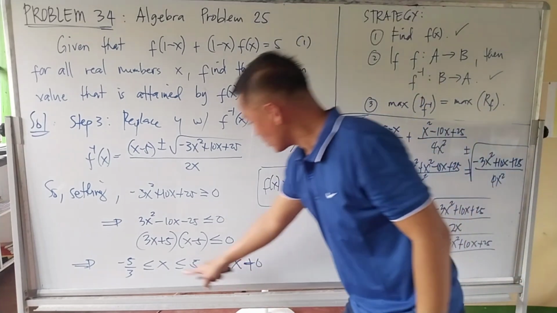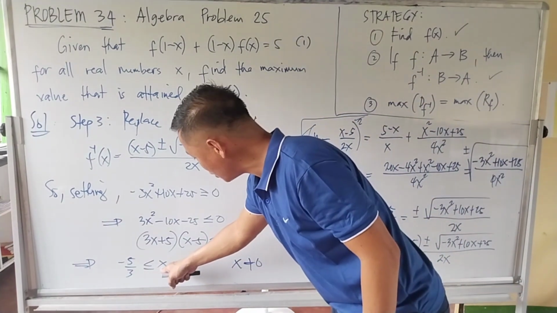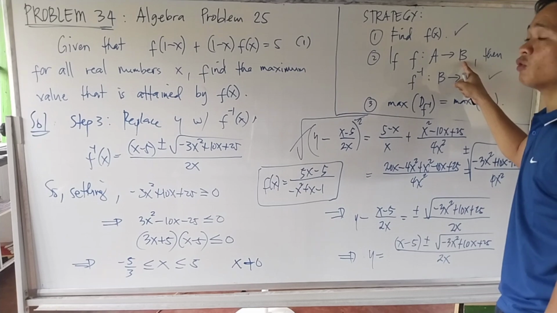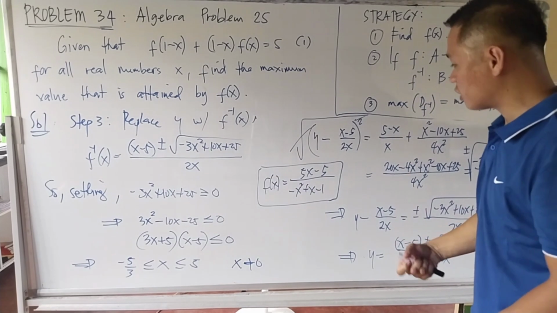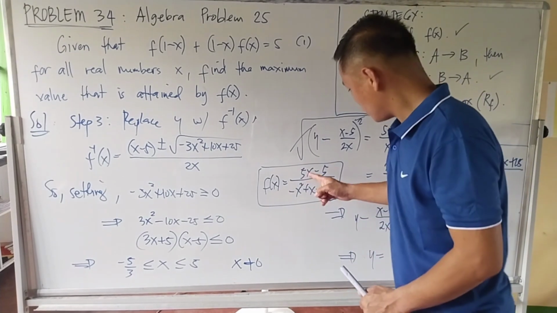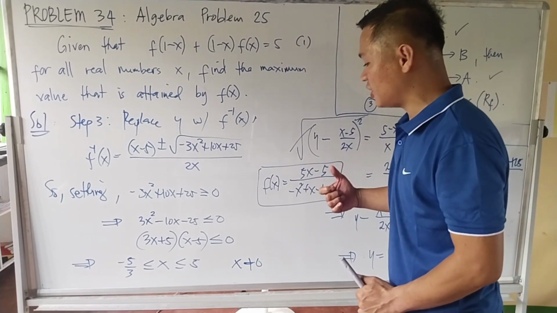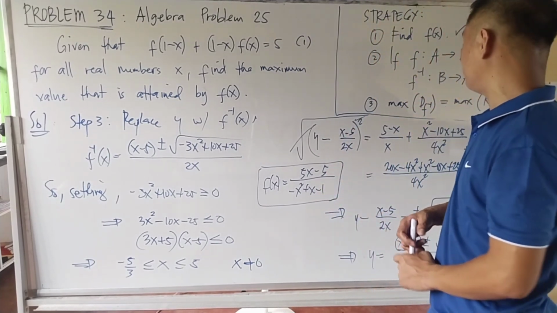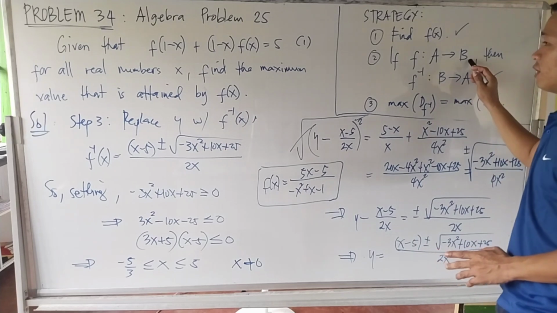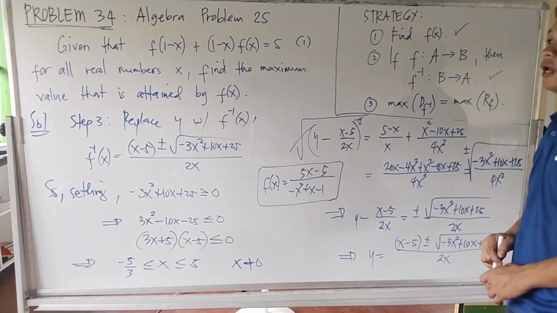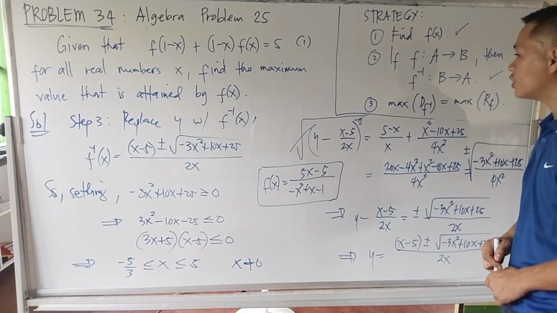Thus, since x here is just the y of the original function, the y value equal to 0 is included in the range of the original function. So it is also included in the domain of the inverse function.